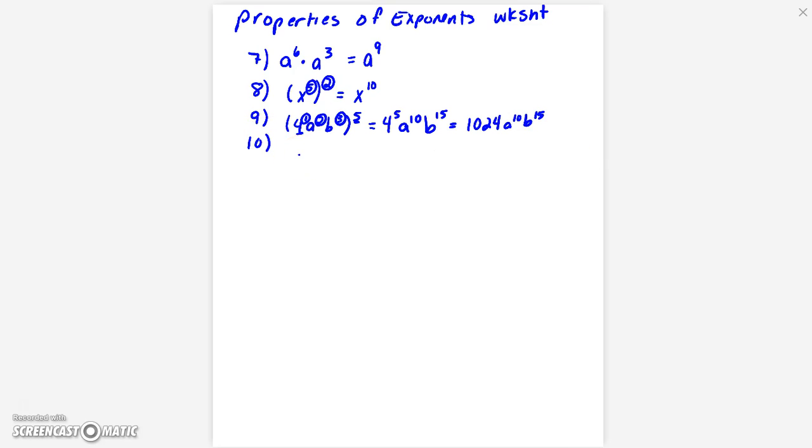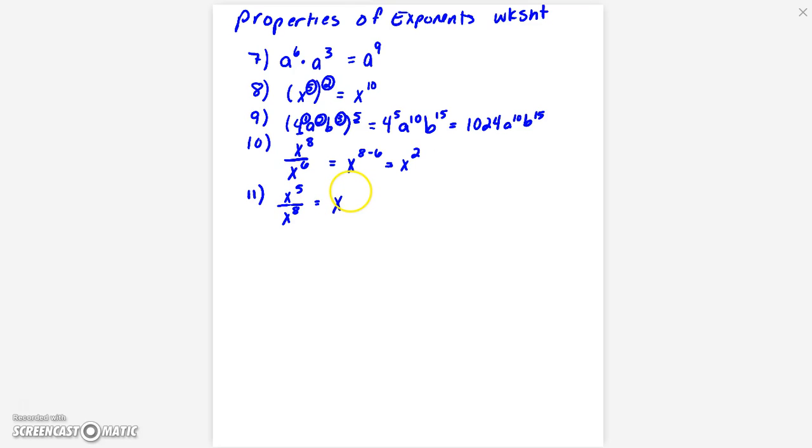Number 10, I think we did most of these, but I'm going to quickly go through these. The division fraction is just division. Remember, for division we subtract the exponents if they have the same base. So this is going to be x to the 8 minus 6, which is x squared. 11 is going to be x to the 5th divided by x to the 8th.